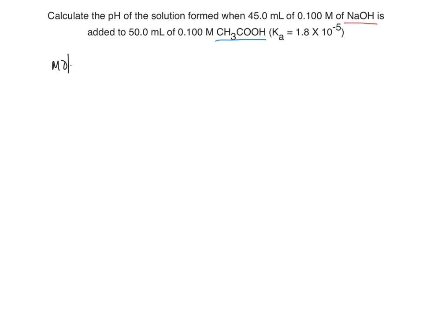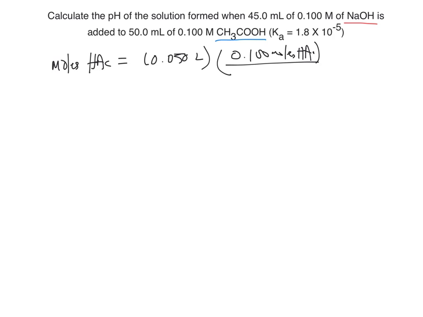Moles of acetic acid is going to be equal to the volume that we have, that is 0.05 liters. We change from milliliters to liters, times the concentration of the acetic acid, that is 0.100 moles of acetic acid divided by 1 liter.